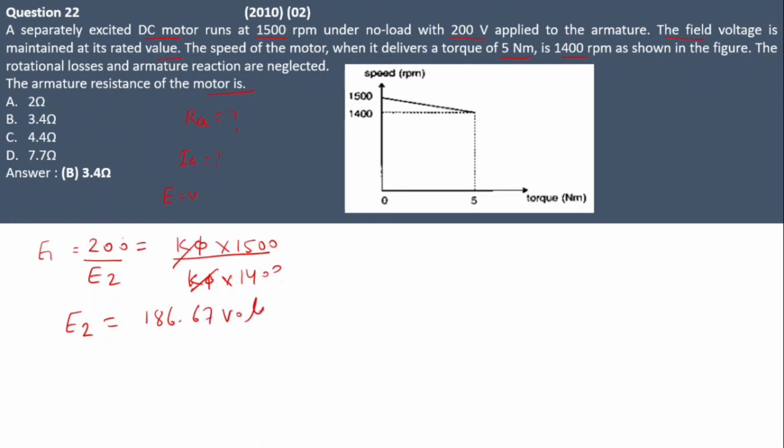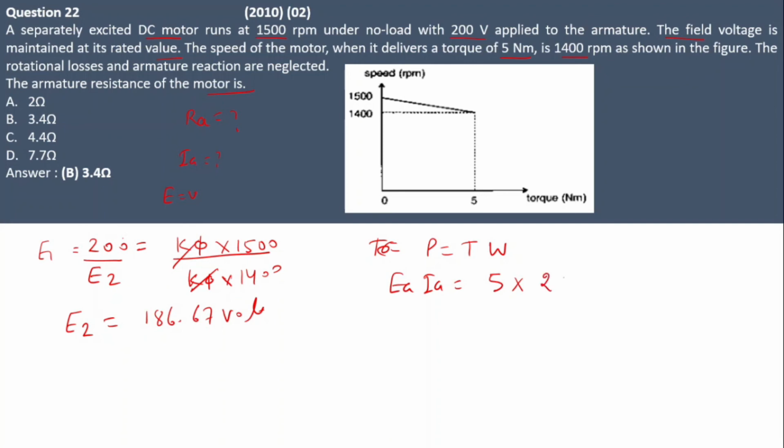Next, torque is given to you, so you know the equation P equals T omega. So power equals Ea into Ia equals torque 5 into omega.